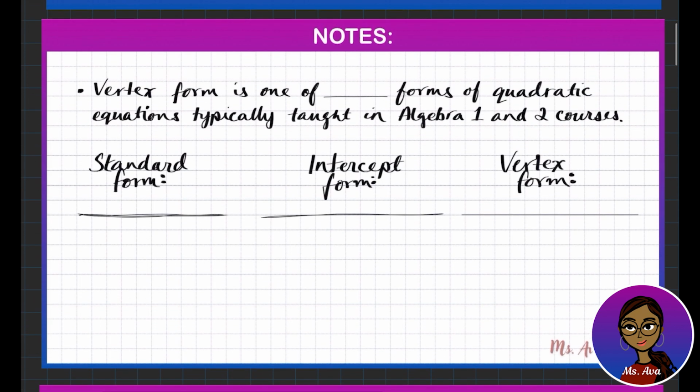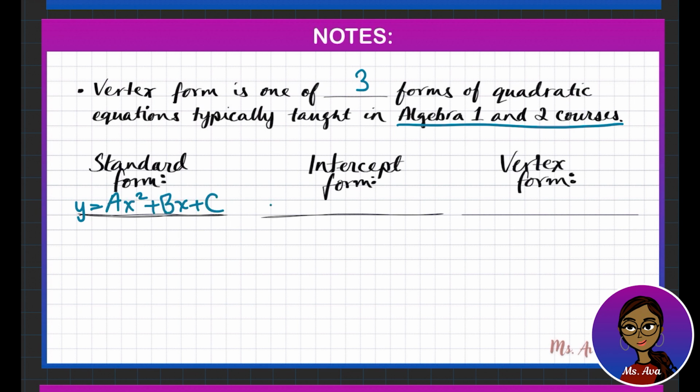And so vertex form is one of the three forms of quadratic equations that are typically taught in Algebra 1 and Algebra 2 courses. The other forms are standard form and intercept form. So let me just show you what those look like. Standard form looks like y equals ax squared plus bx plus c.